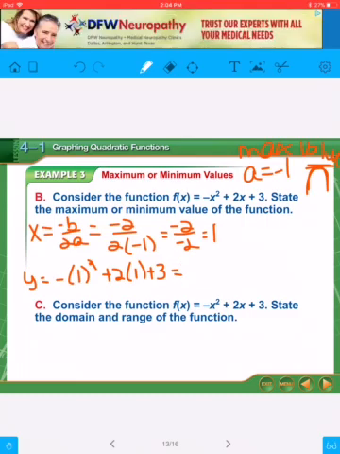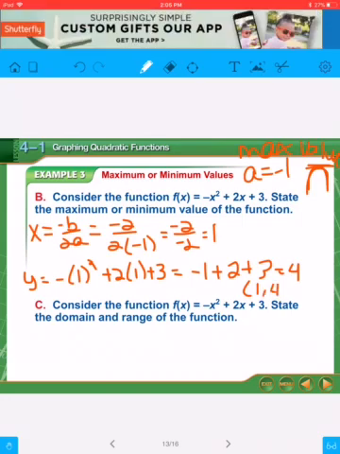So 1 squared is 1 times this negative in the front. So that's going to be a negative 1 plus 2 times 1 is 2 plus 3. Okay, so we end up getting a positive 4. So our vertex is at (1, 4), which means we're going to have a max value at 4.